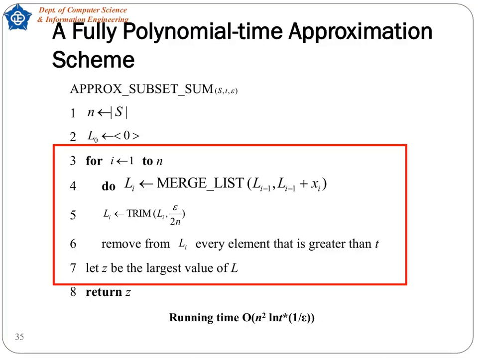Two, apply trim with parameter epsilon/2n to keep the list compact. Three, discard any sums exceeding t. Once all elements are processed, we pick the largest remaining sum z and return it. This procedure runs in O(n squared poly(1/epsilon)) time and guarantees a 1 plus epsilon approximation to the optimal solution.